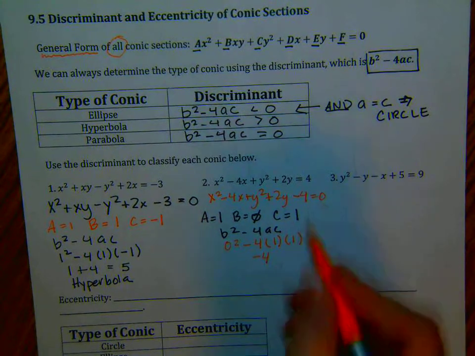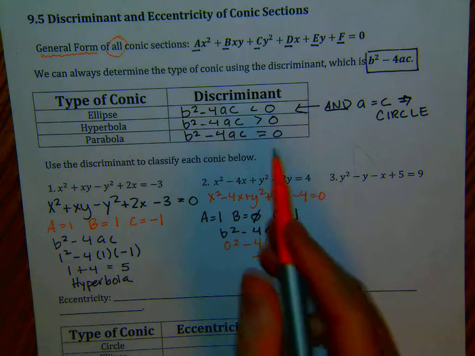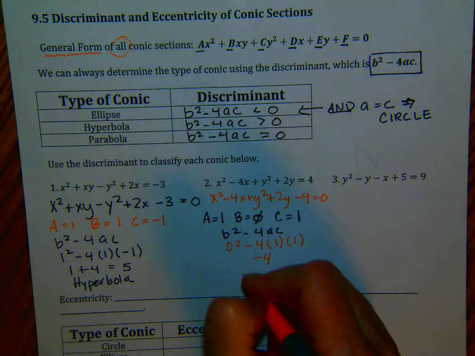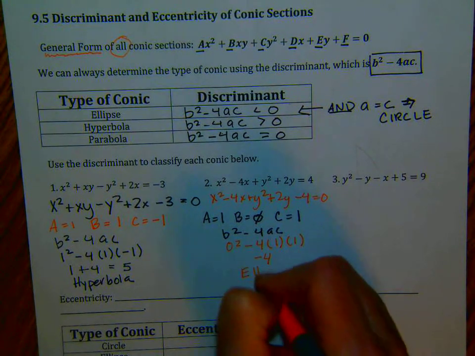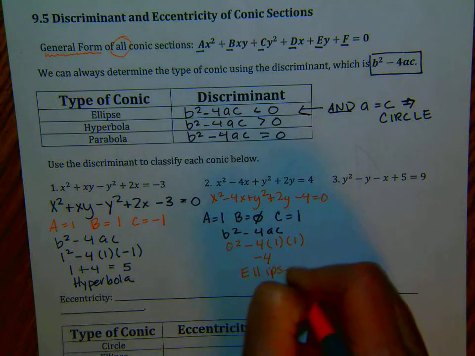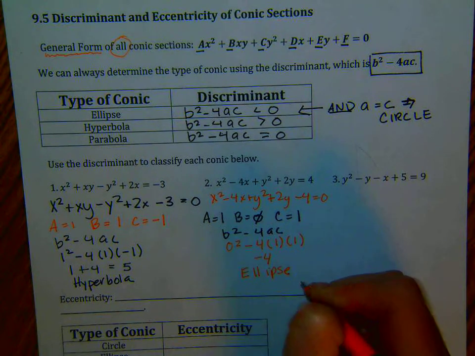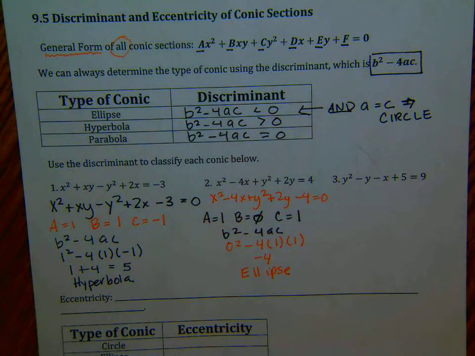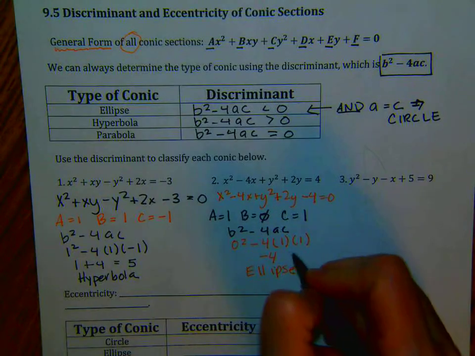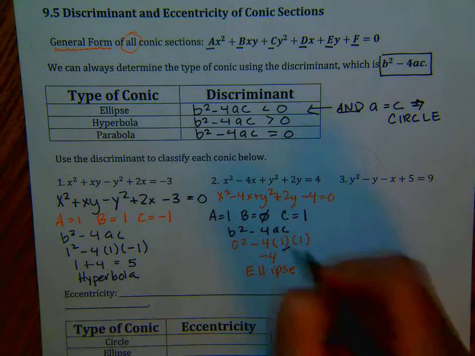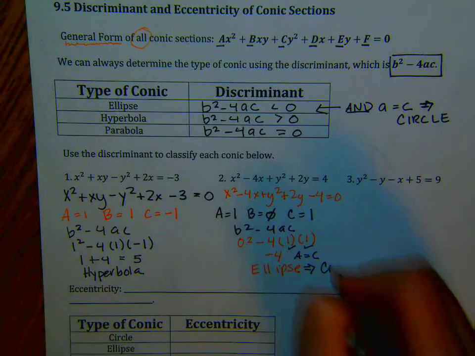So our discriminant is less than 0, so we have an ellipse. All right. Now we have to think to ourselves, well, is there anything special about this ellipse? There is, because does a equal c? Yes, a equals c, so this is not only an ellipse, it's a circle.